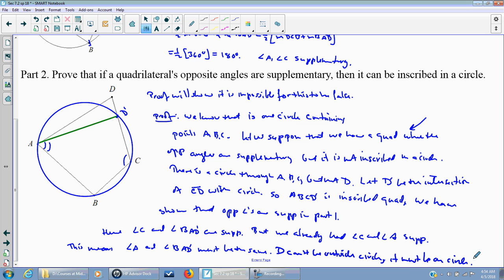It must be on the circle. So I have a contradiction. I cannot have a quadrilateral with opposite supplementary angles that's not in a circle. Let me just make sure I say that last thing here.